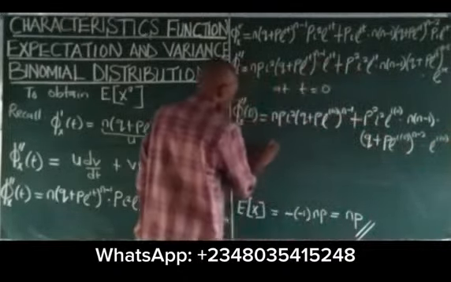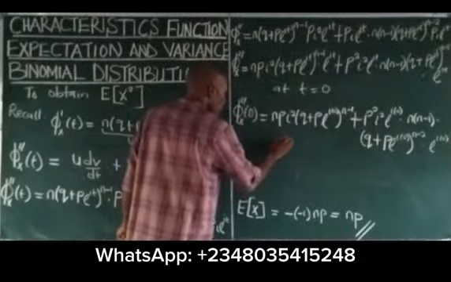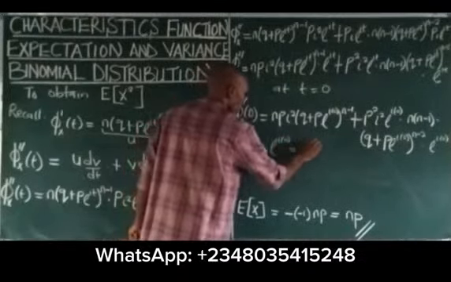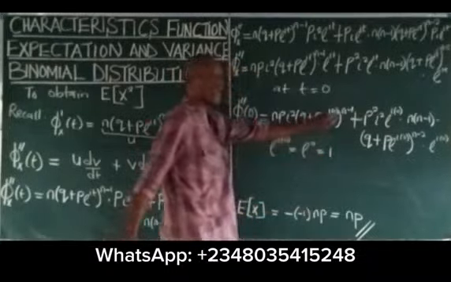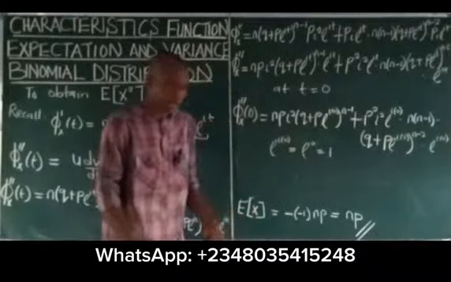Of course, exponential i0 is equal to exponential 0 which is equal to 1. It then means that anyhow we see e raised to the power of i0, it becomes 1.